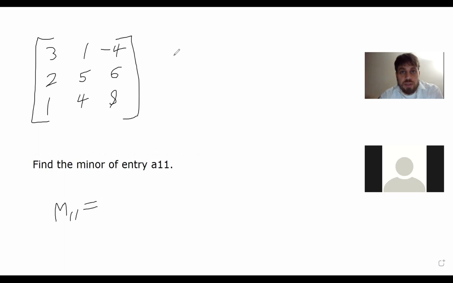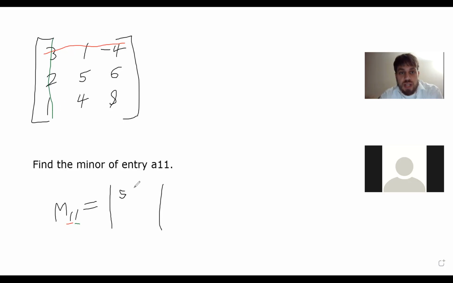And so what you do is, again, the first index gets rid of the first row, and the second index gets rid of the first column. And so you're left with that submatrix. So capital M sub 11 is just the determinant of the submatrix after you got rid of that red row and green column.